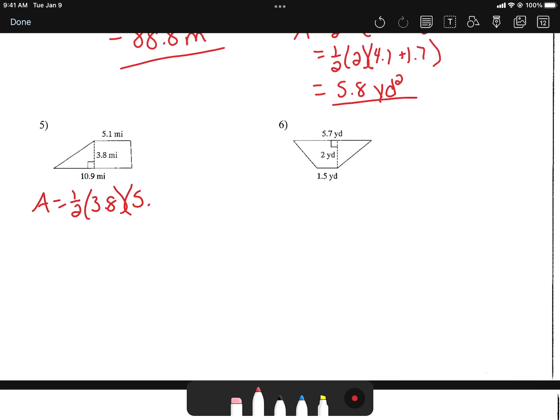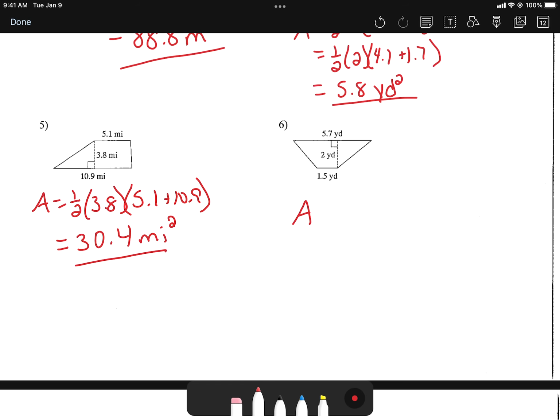Then we would have our 5.1 plus 10.9. Again, we're going to put all that in your calculator. You should get the right answer. If you're entering it incorrectly, it is 30.4 miles squared. If you're not getting the right answer in your calculator, come see me. We will figure it out.